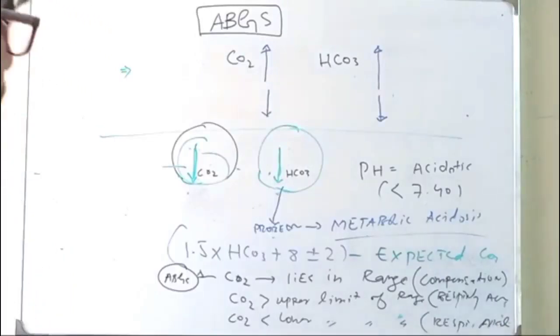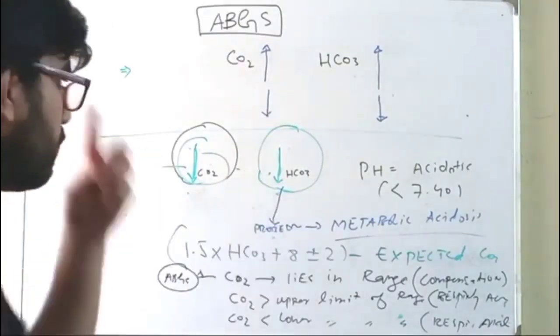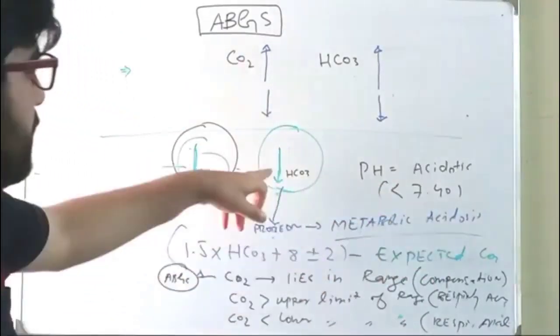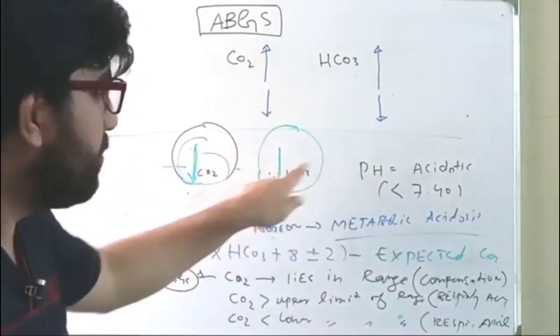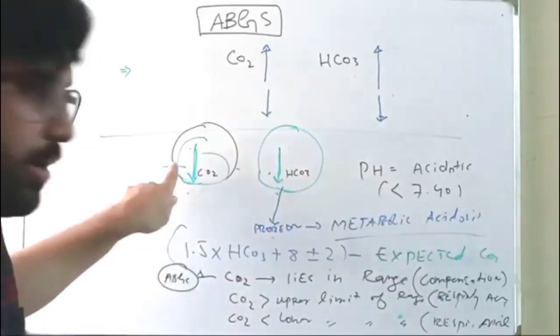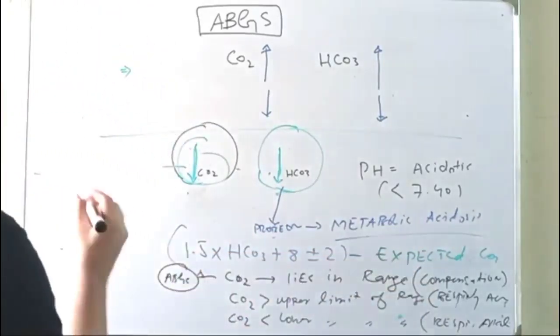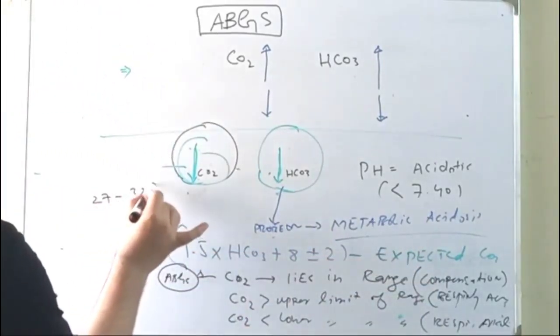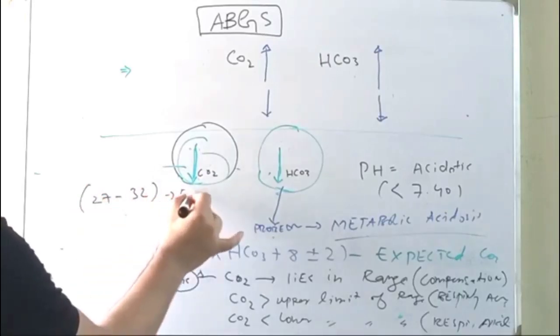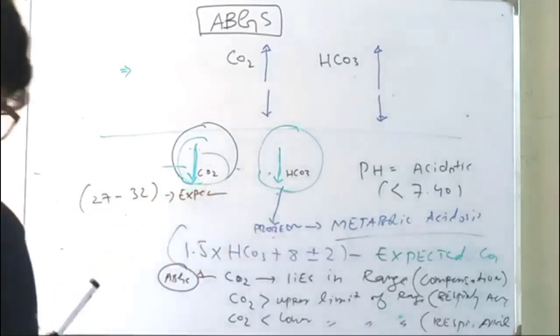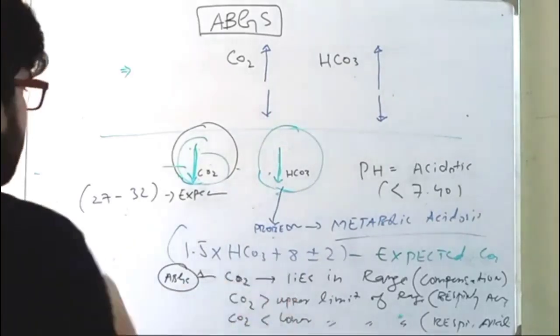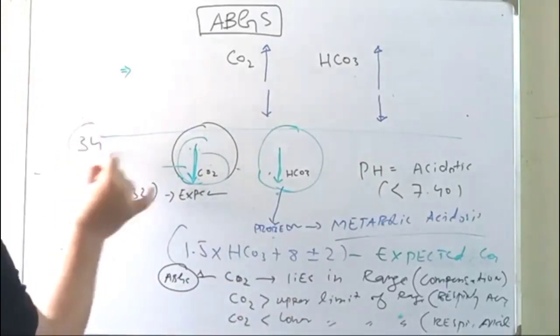So this is very important. Both arrows are moving downward, pH is acidotic. This is metabolic acidosis. This is the problem arrow. The other arrow is either compensation or the problem. Apply the formula. We are having a range, for example 27 to 32, that is the expected CO2, and your value in the ABGs is 34.